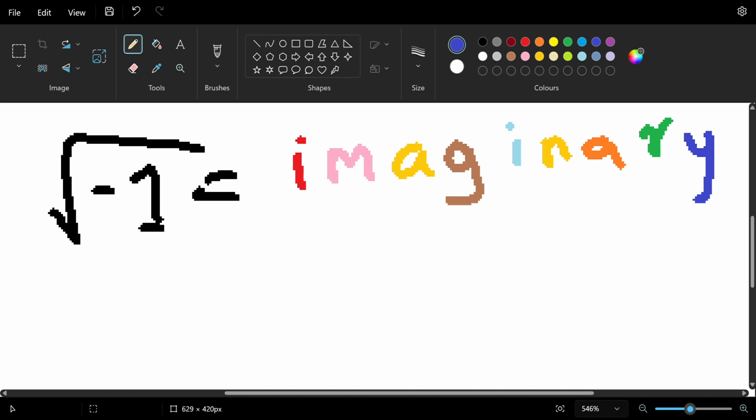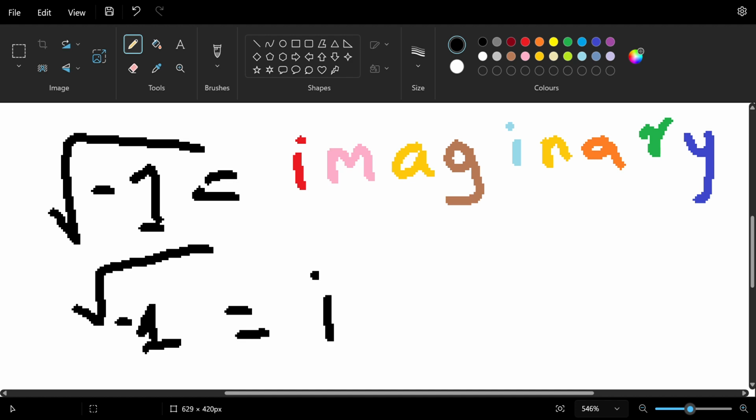Yeah, we name the square root of negative 1 an imaginary number, or we just write the square root of negative 1 as just i. So the third dimension was i.